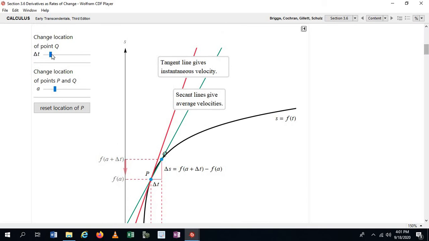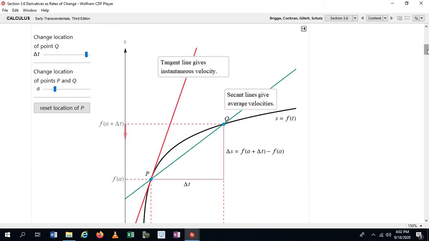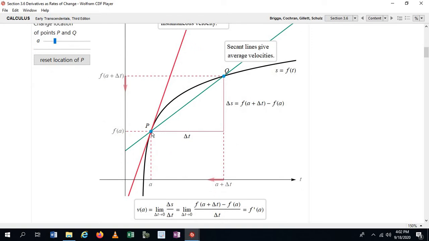So there's a couple of things going on here, just to summarize. The instantaneous velocity of the object when t is equal to a is simply the slope of this tangent line right when t is equal to a, which happens to be the derivative of the position function evaluated at a.